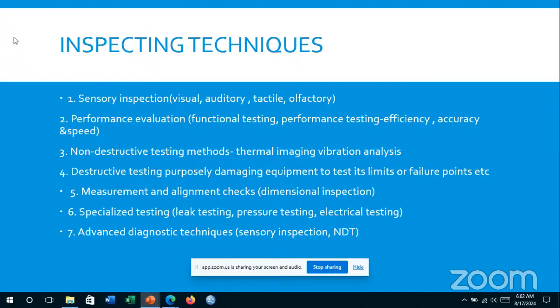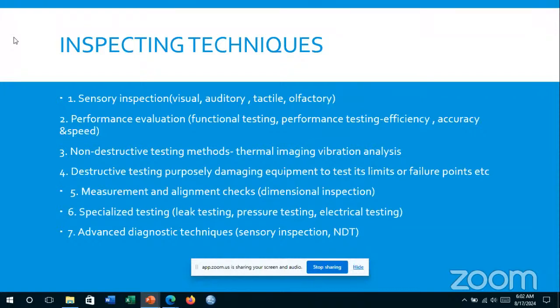Sensory inspection. You can use any of your senses, that is visual, auditory, tactile, and olfactory. Performance evaluation as well. You can use functional testing, performance testing, efficiency, accuracy, and speed.